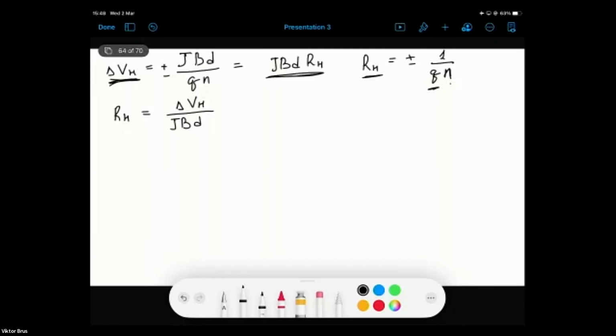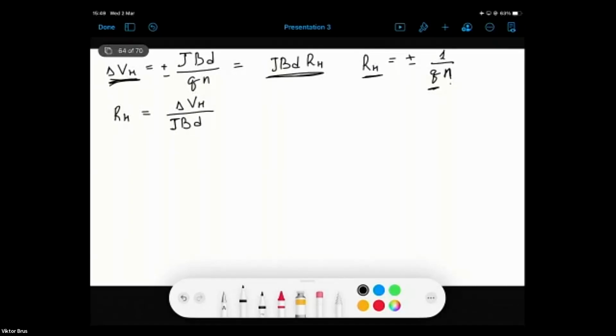So potential difference between points A and B, we can measure. We can attach voltmeter and measure potential difference. We also can measure current density.